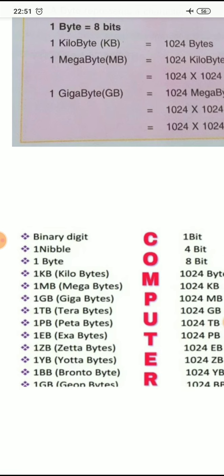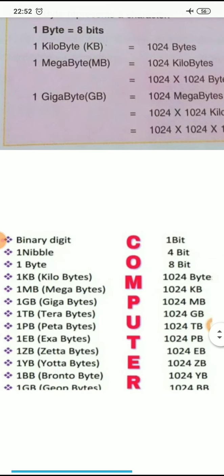Now we conclude all this. 1 nibble is equal to 4 bits, 1 byte is equal to 8 bits, 1 kilobyte is 1024 bytes, 1 megabyte is 1024 kilobytes, 1 gigabyte is equal to 1024 megabytes. After gigabyte it is terabyte.